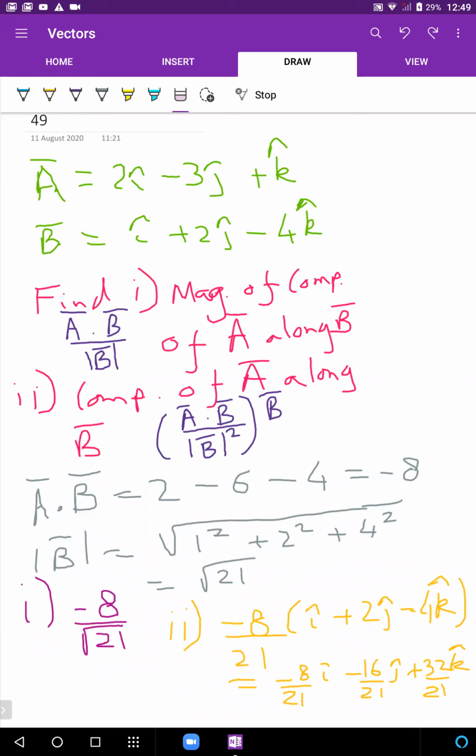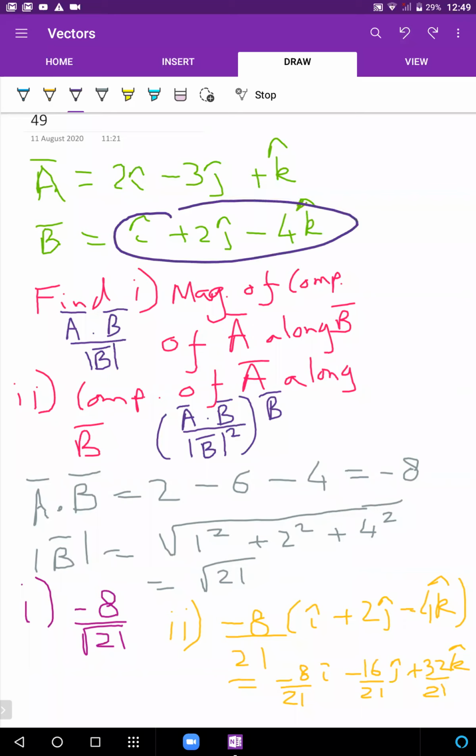So how do we find the dot product? Not complicated. 2 minus 6 minus 4, 2 minus 6 minus 4 is -8. That's the dot product. And what is the magnitude?